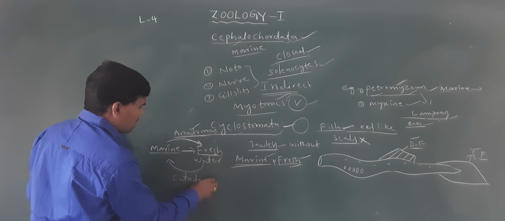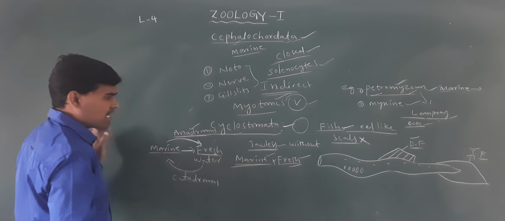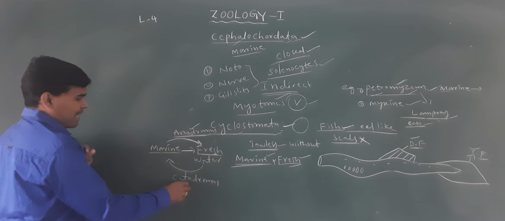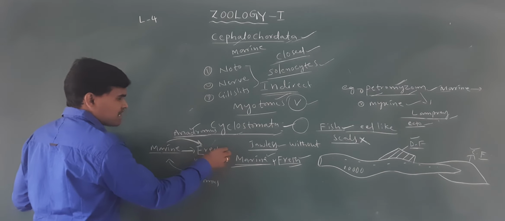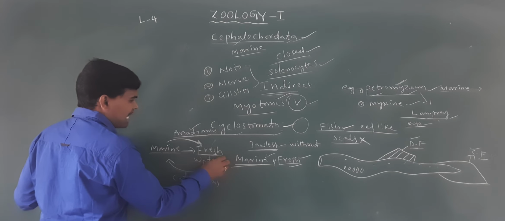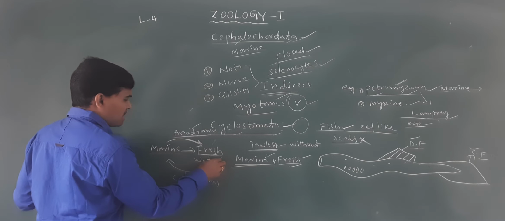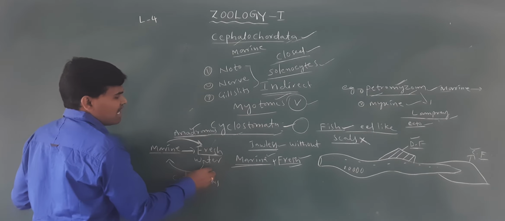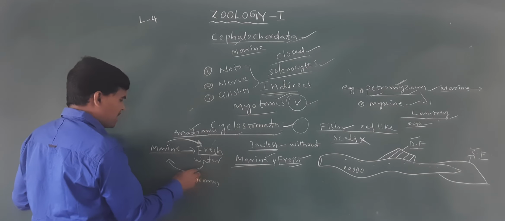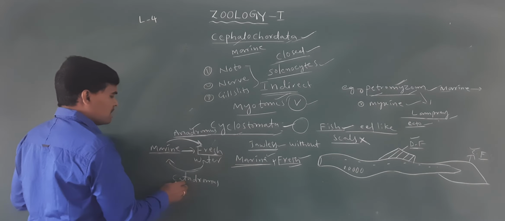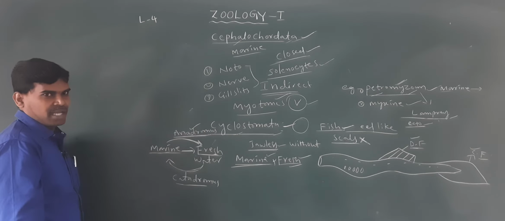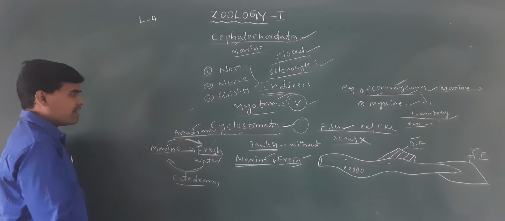Catadromous migration is when some fishes stay a long time in fresh waters and, for the purpose of reproduction or spawning, move from fresh water to marine water. So is it clear?